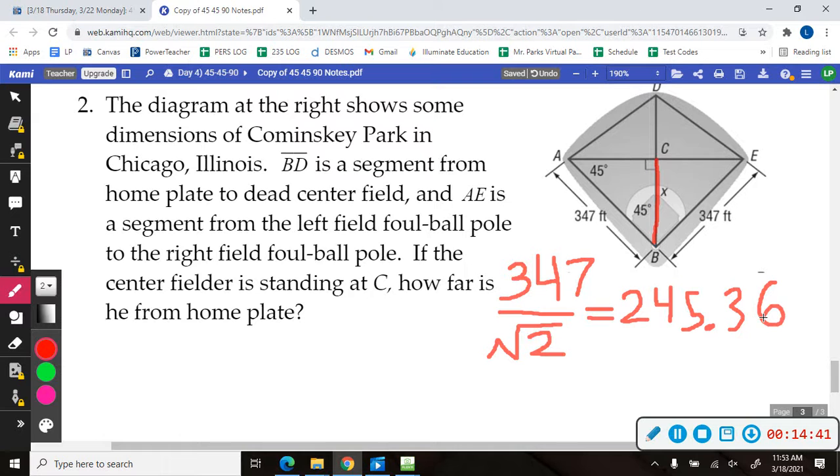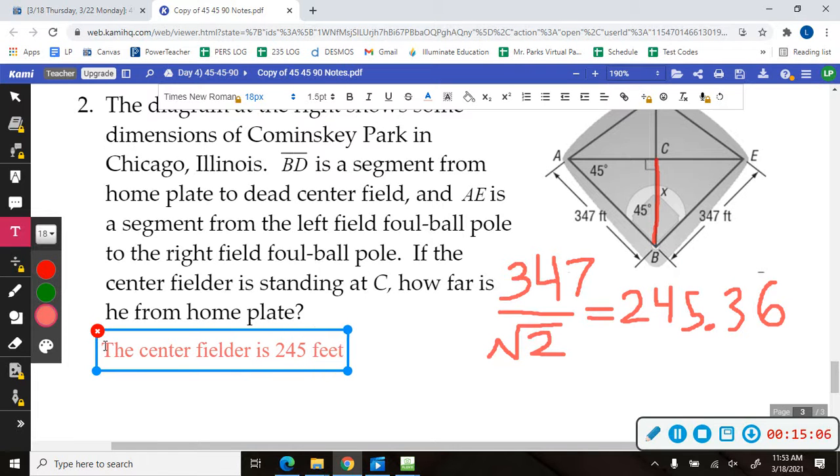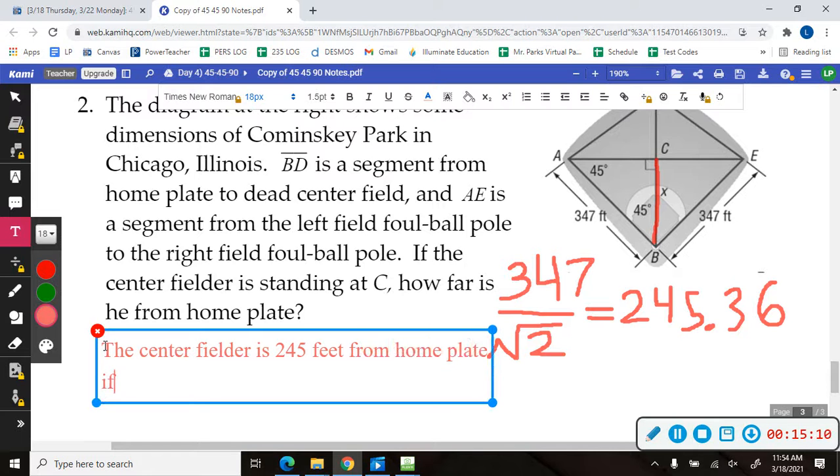And so if I'm talking about distance for something like this, nobody's going to care about the radical in this kind of problem. On your practice, make sure you keep it as a radical. And I'm not going to say 245.36. I'm probably just going to say 245 feet. So I'm going to say the center fielder is 245 feet from home plate if standing at point C.